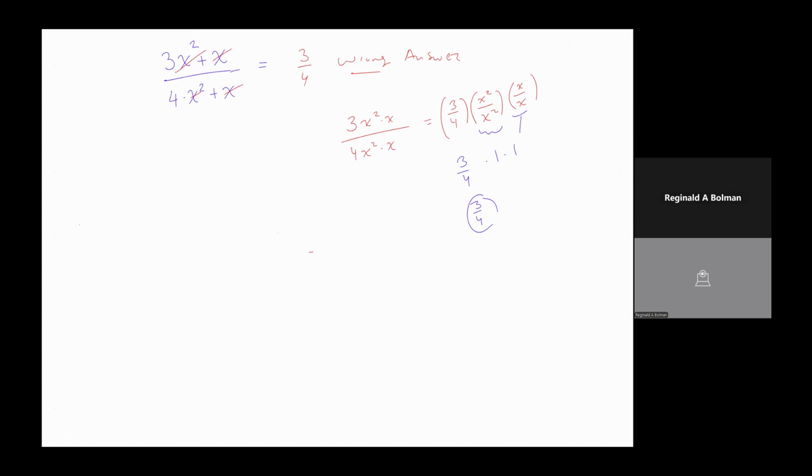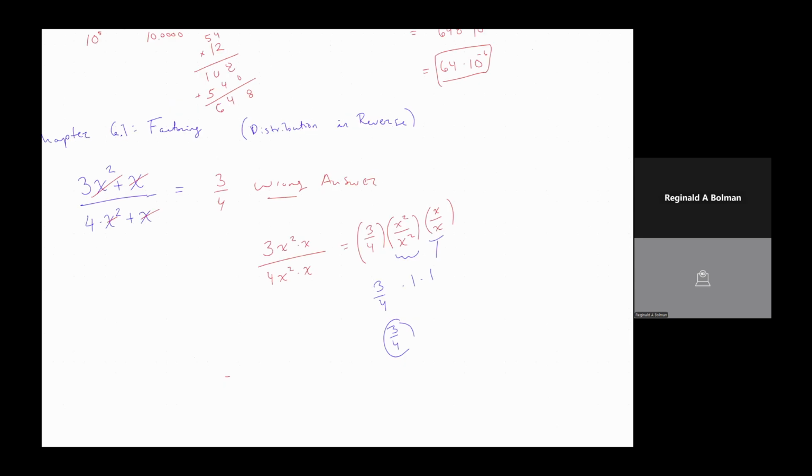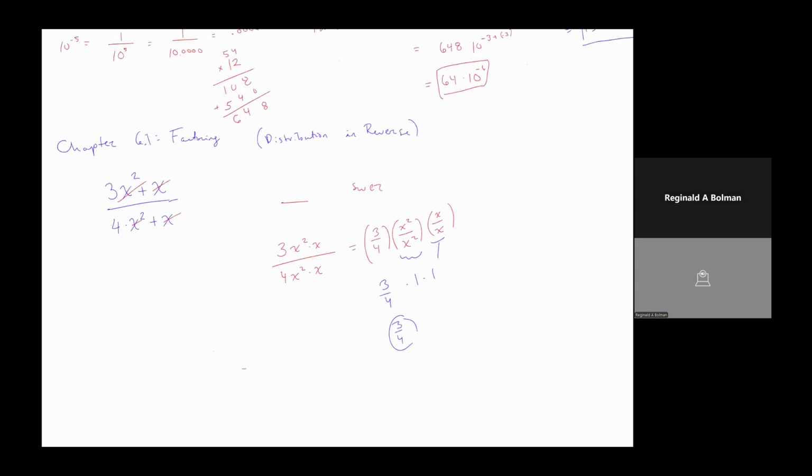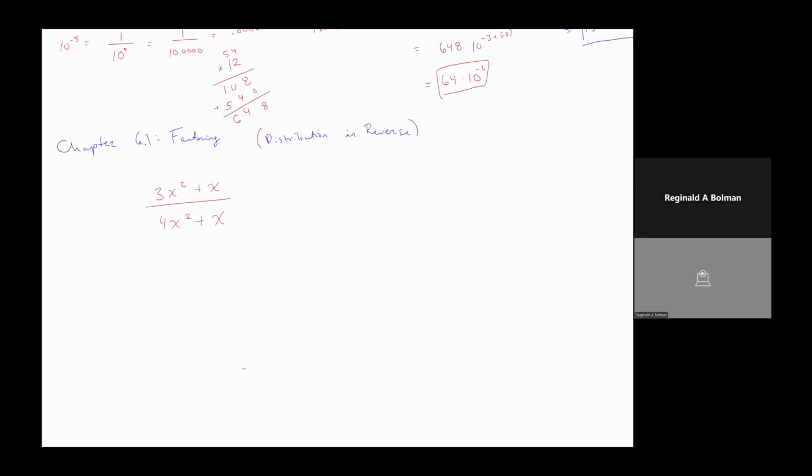So what can we do? Well, in order for us to actually perform this division operation where we've got 3x squared plus x divided by 4x squared plus x, we're going to need to use factoring. And how this works is factoring is actually the same thing as distribution in reverse.